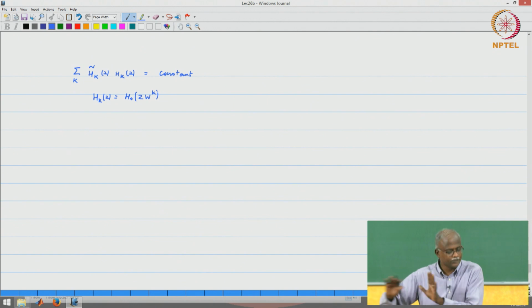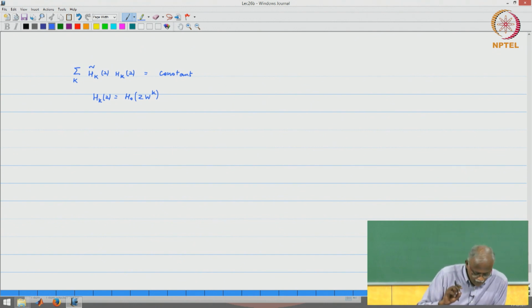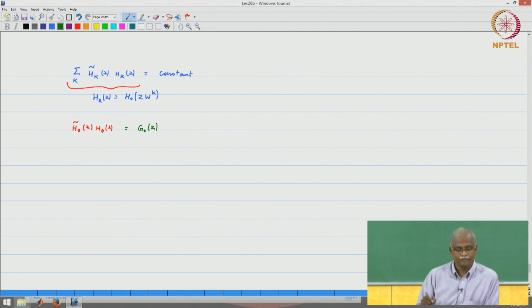These are all shifted versions of the filter. Now, a very important observation. The first term in this summation will be h0 tilde of z, h0 of z. Let me call this G0 of z. So, basically h0 tilde h0, I have called it G0.